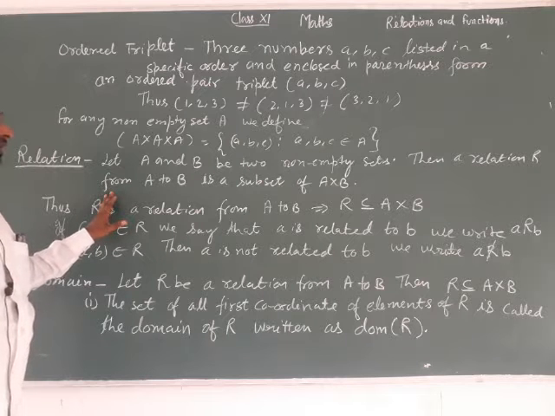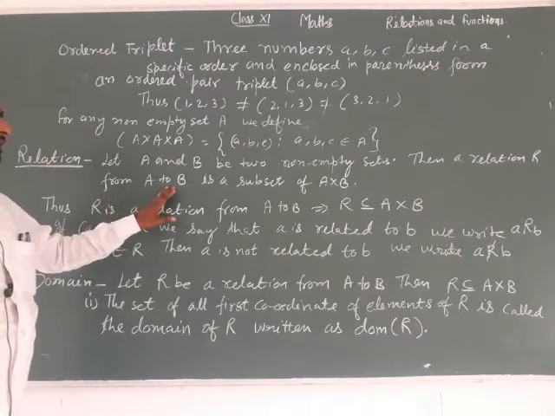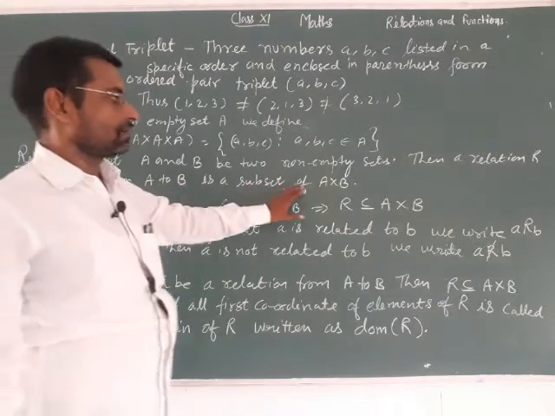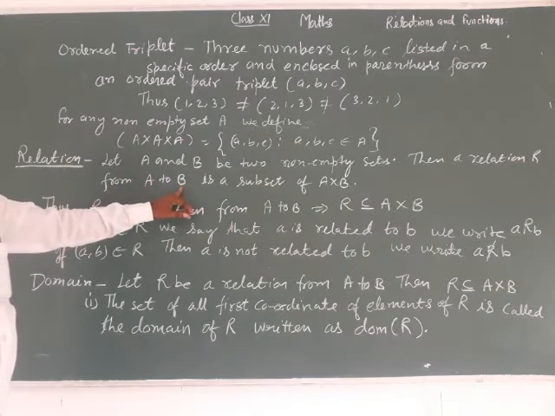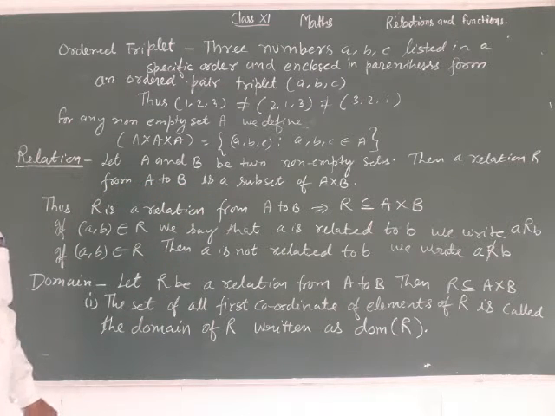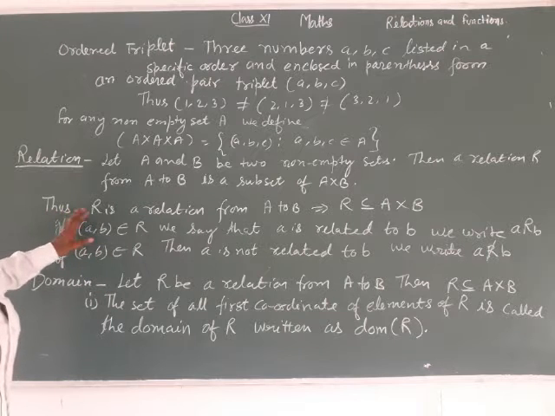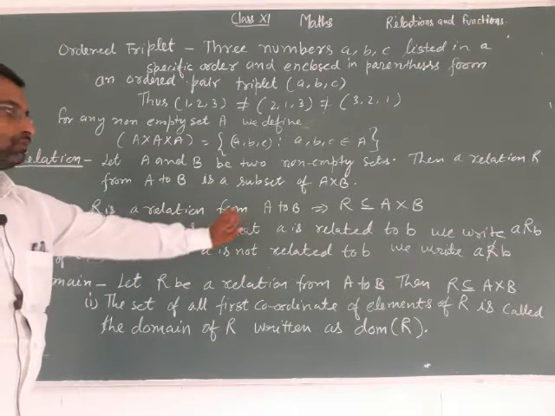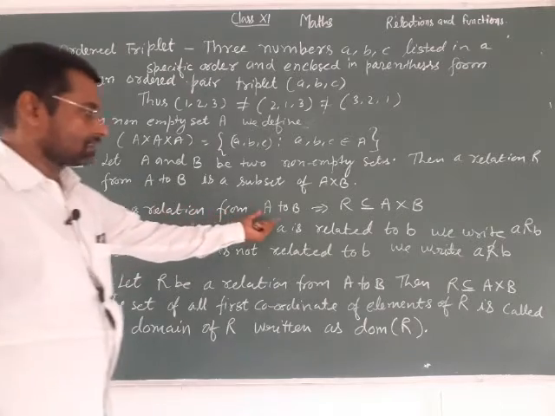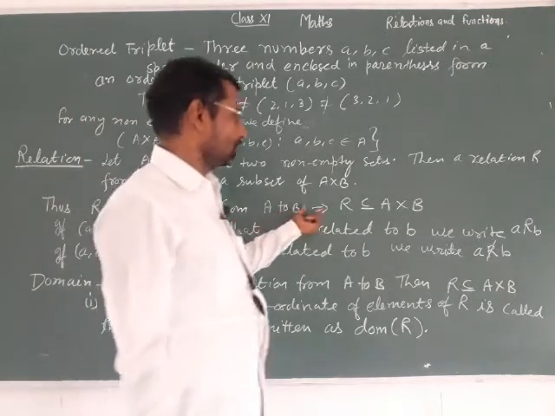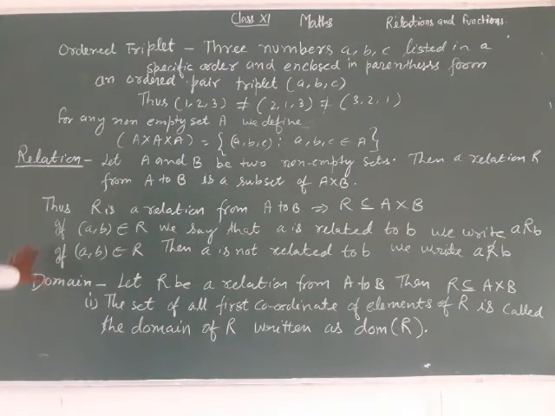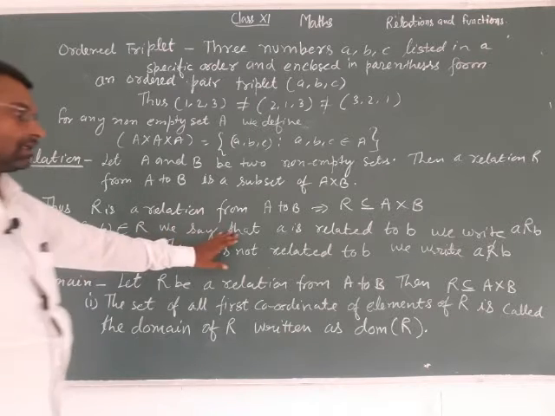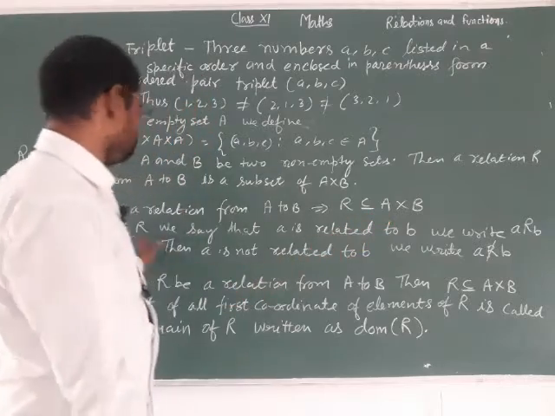A relation R from A to B is a subset of A cross B. Thus, if R is a relation from A to B, then R is a subset of A cross B. If (a, b) belongs to R, we say that a is related to b.